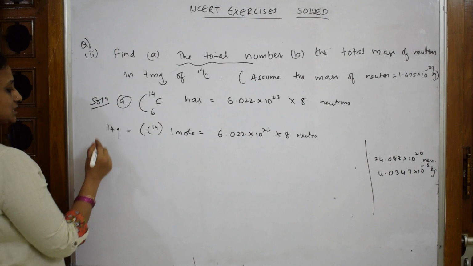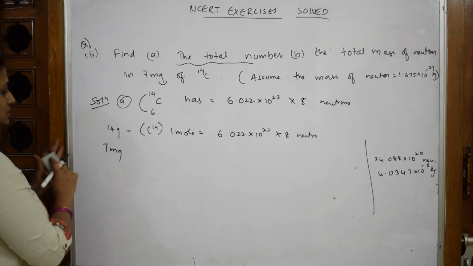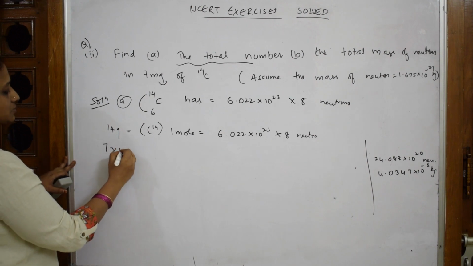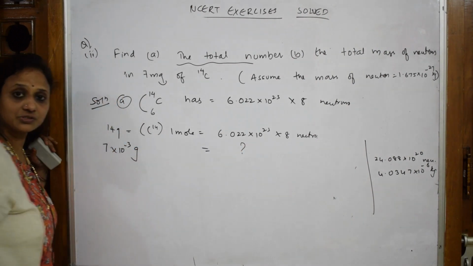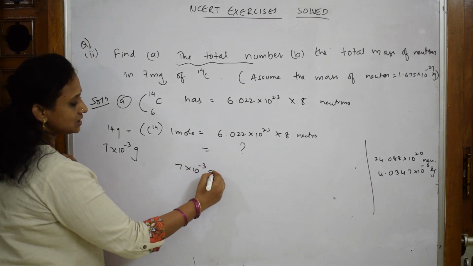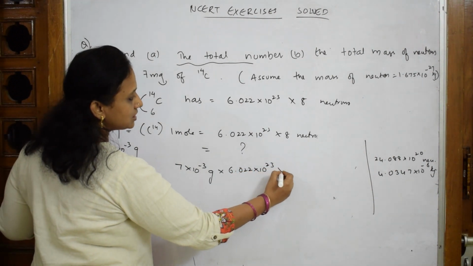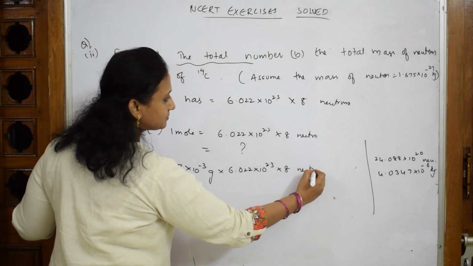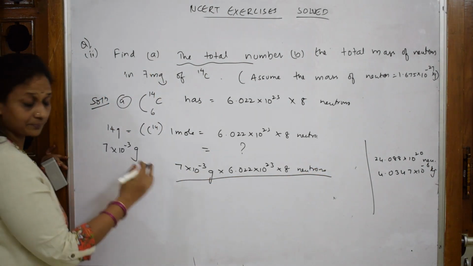Now how many did they give me? 7 milligrams. I need to convert milligrams into grams now. So multiply 7 into 10 raised to minus 3 grams. It contains how many neutrons? So this comes to 7 into 10 raised to minus 3 into 6.022 into 10 raised to 23 into 8 neutrons divided by 14 gram and gram.